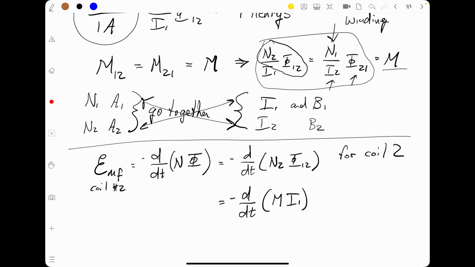So cool. And there's some beauty to this. What is the beauty of this? Well, the EMF in coil 2.